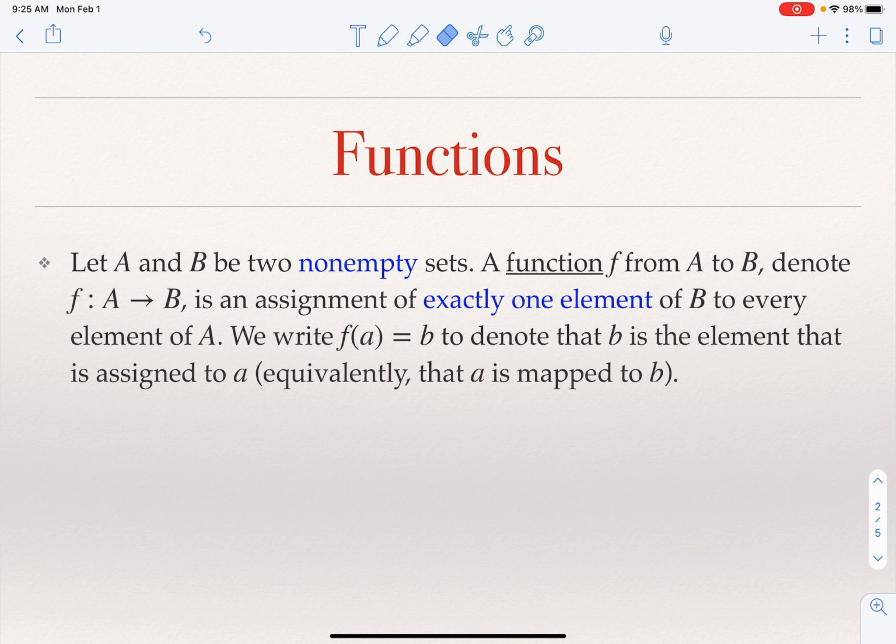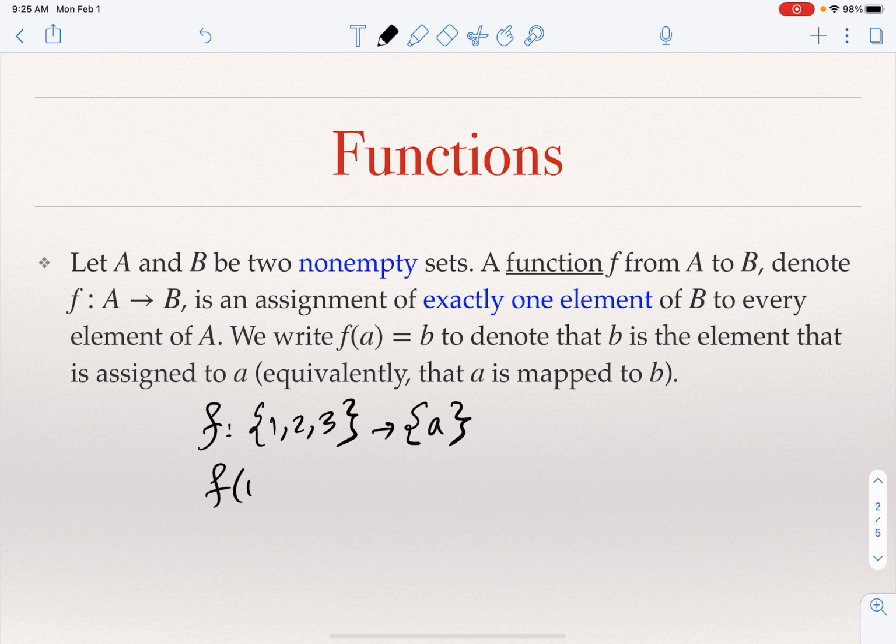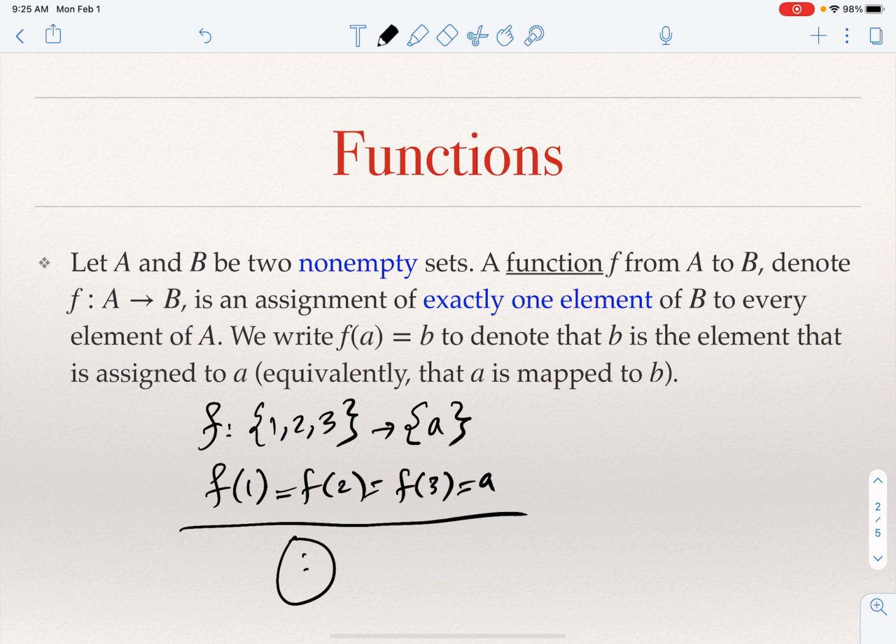For example here I can define the function f from the set {1, 2, 3} to the set {a} like this, and I can define it as f(1) = f(2) = f(3) = a. This is a function. We mapped the three elements in A, which are 1, 2, and 3. There is only one element in B, and we mapped all of them to the same element.